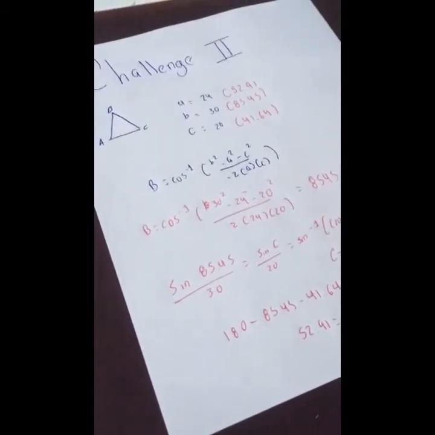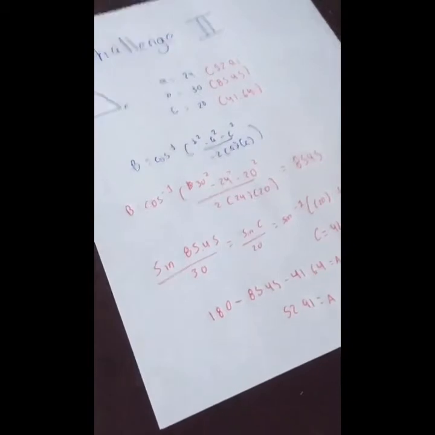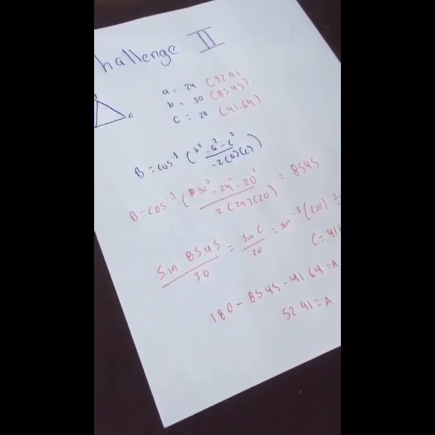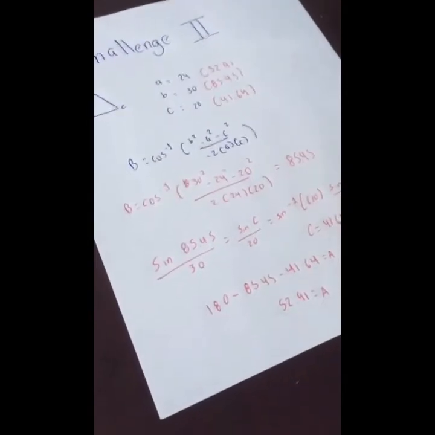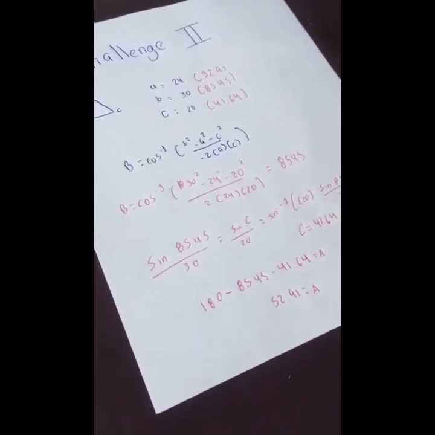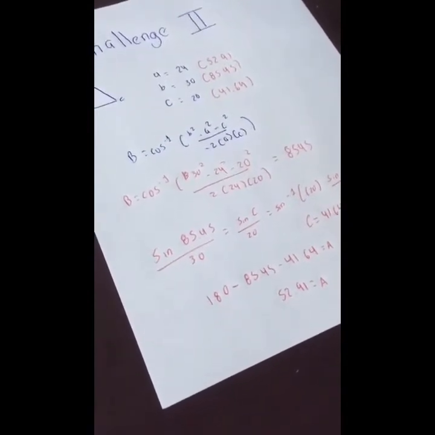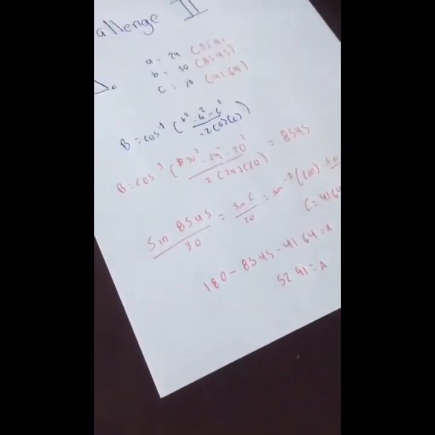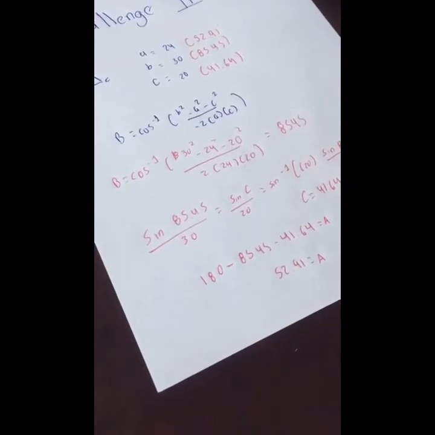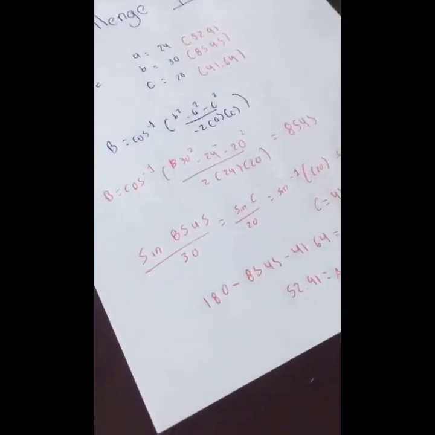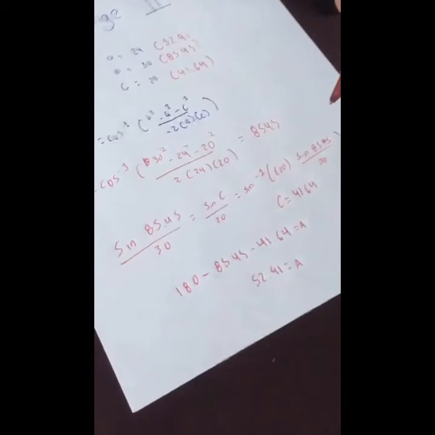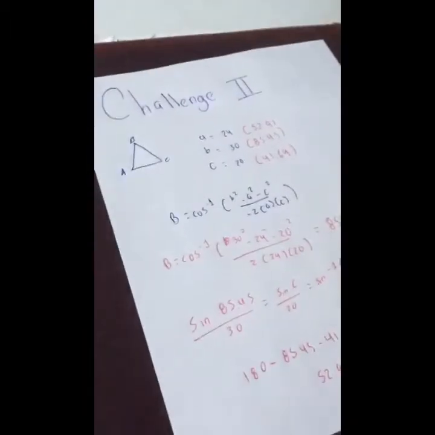Okay, for conclude, like a conclusion, the only thing that you need to do is find the values of the angles, with the first value that is B, and you use that to find the value of C, and with the subtraction of those two values, you find the value of A, and that is all.